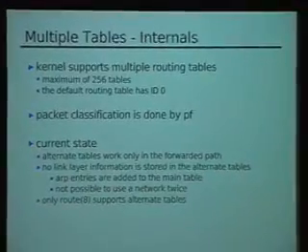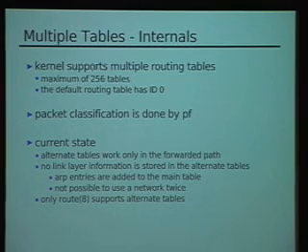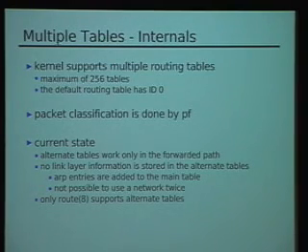There is currently a compiled-in maximum of 256 tables. By default, we run on table 0, and you can use PF to classify the packets and say, use table 1 or use table 7. This is what is all currently inside the OpenBSD 4.2 kernel.